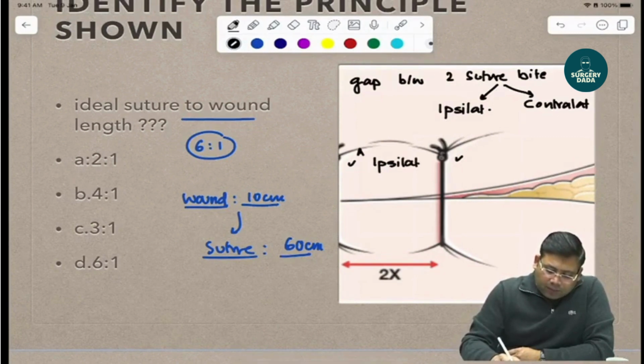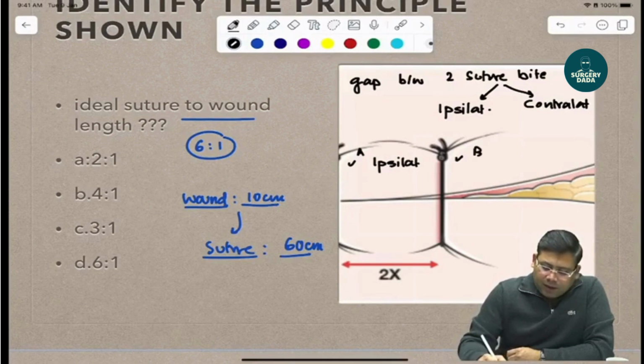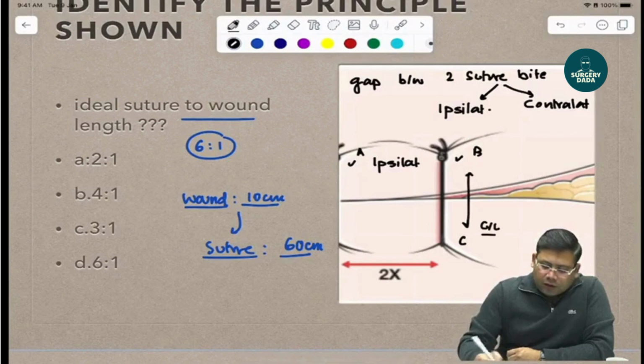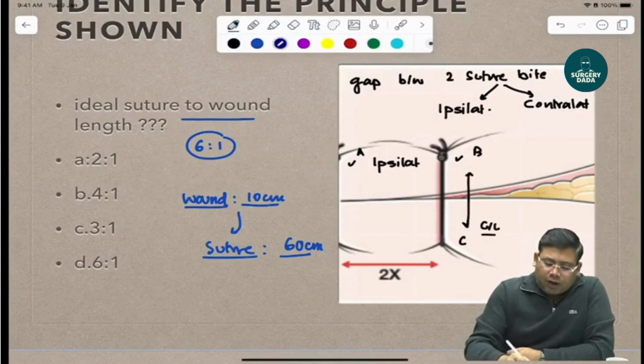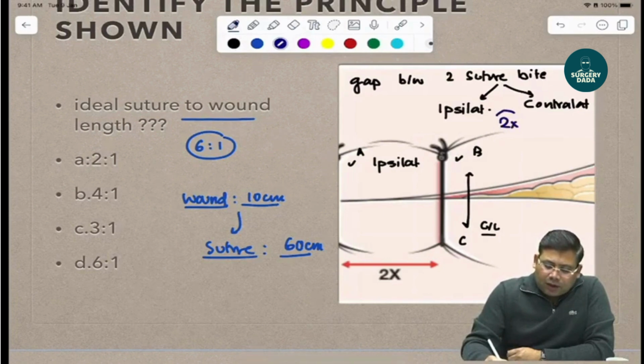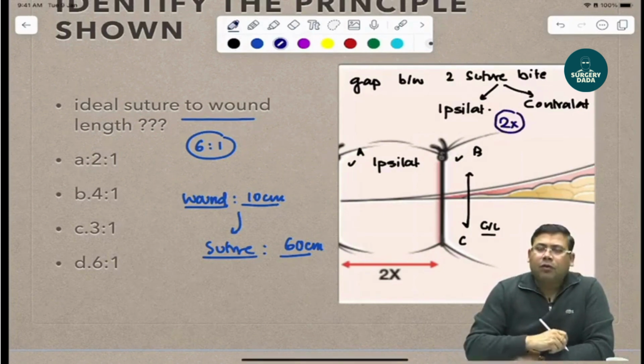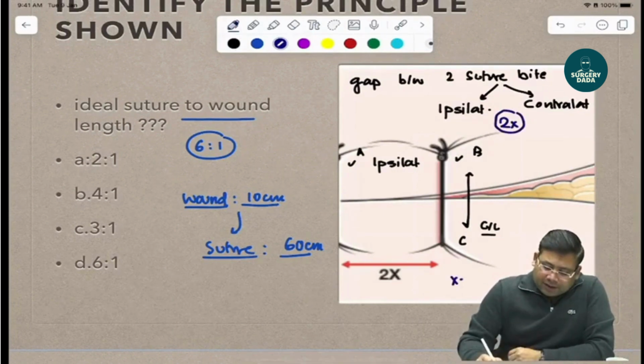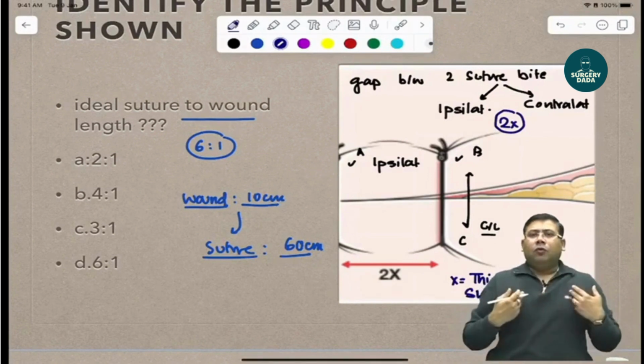So A and B are ipsilateral and B and C, they are what, students? Contralateral. So the gap between the two contralateral bites and two ipsilateral bites is considered nowadays as 2x. What is 2x? Where x is defined as the thickness of the skin. This is very important, thickness of the skin. So if I talk about, okay, I want to do the suturing.